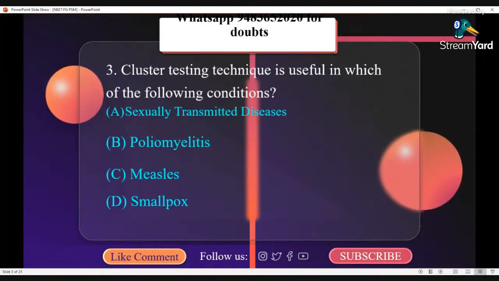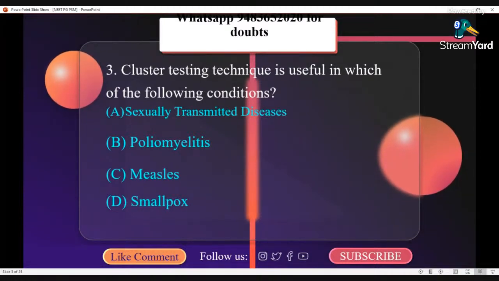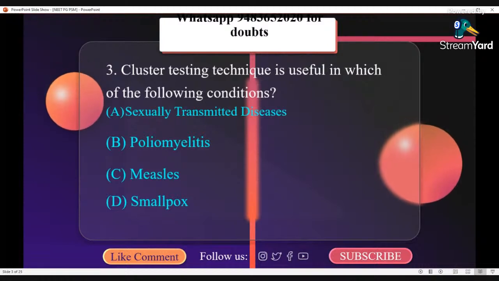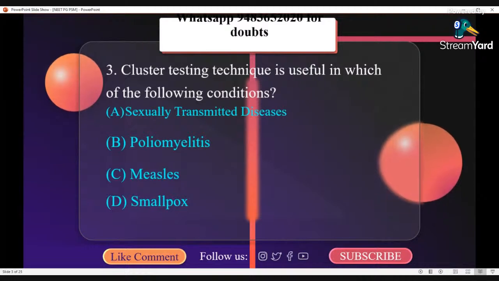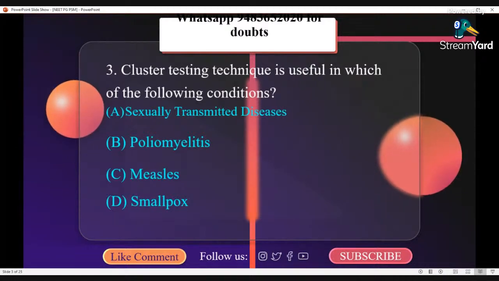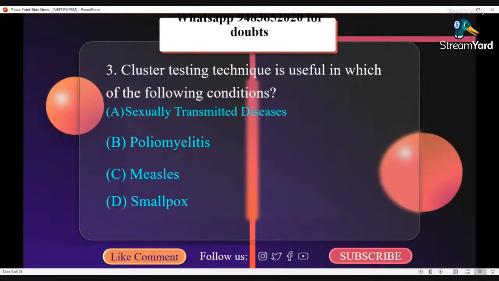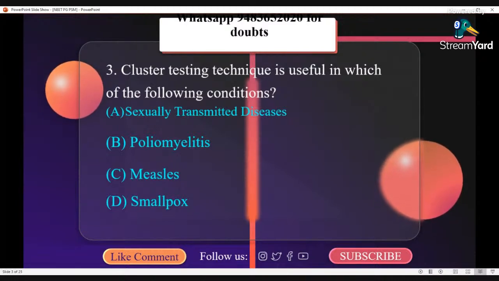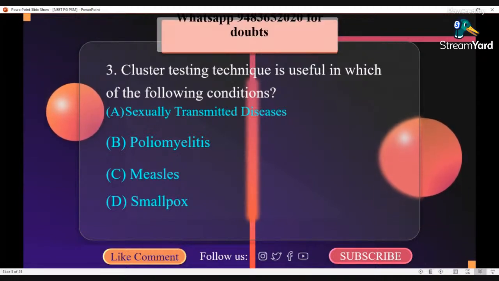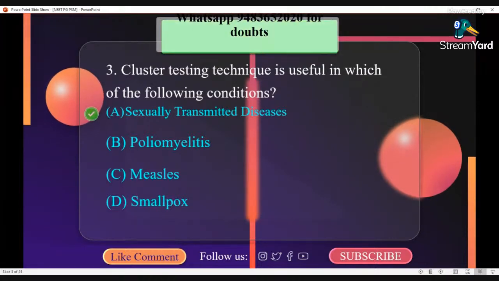These persons are then screened. That is known as cluster testing. Then contact tracing is the term used for the technique by which sexual partners of diagnosed patients are identified, located, investigated, and treated. So cluster testing is useful in sexually transmitted diseases. So the correct option is A.